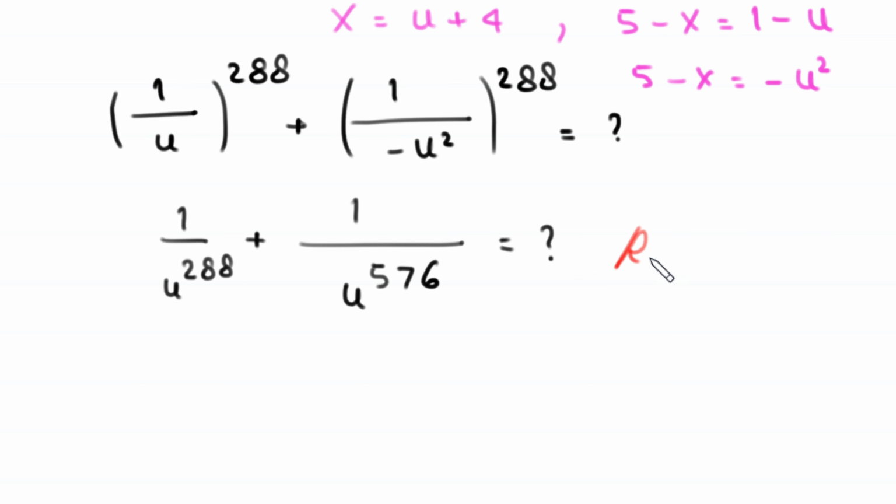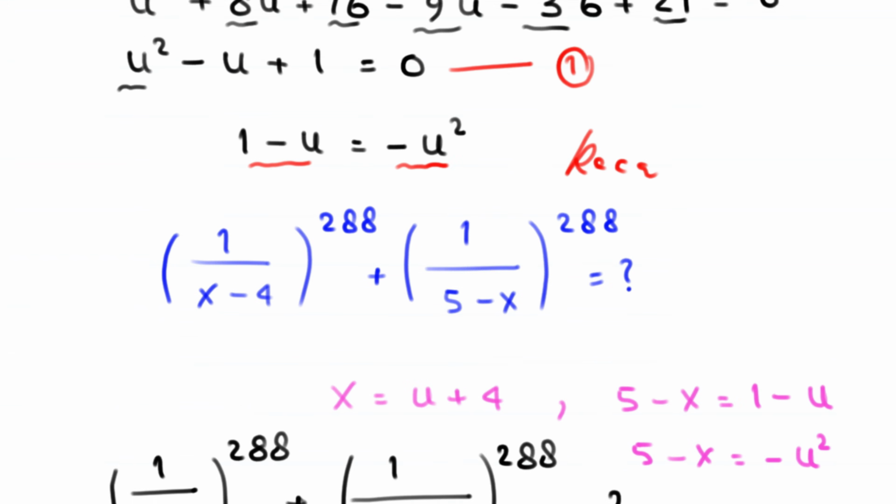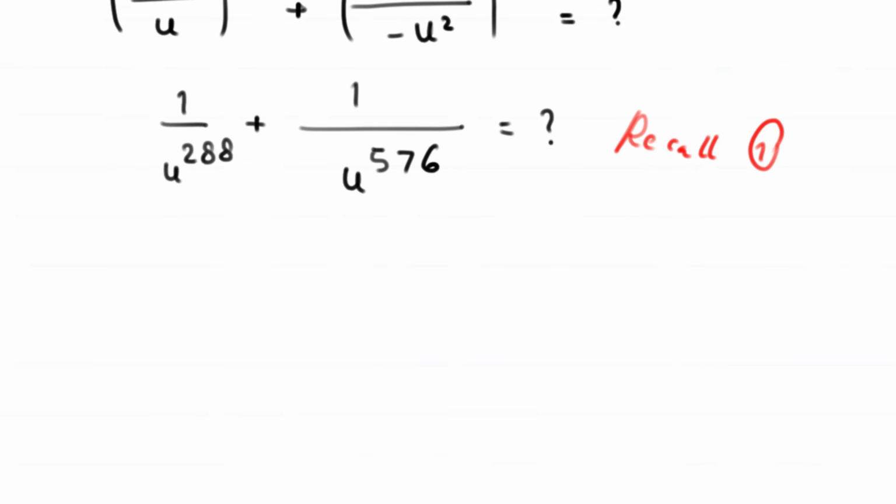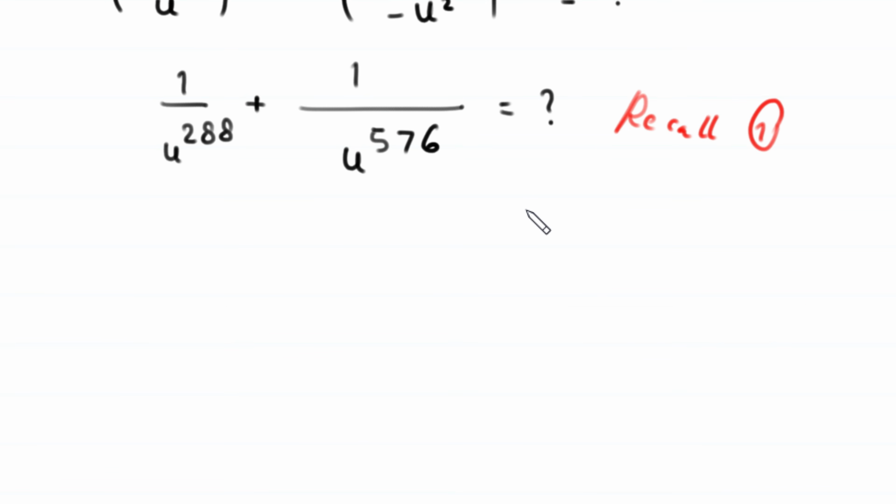Now we recall equation number 1. Equation 1 is u squared minus u plus 1 equal to 0. We multiply both sides of this equation by u plus 1.